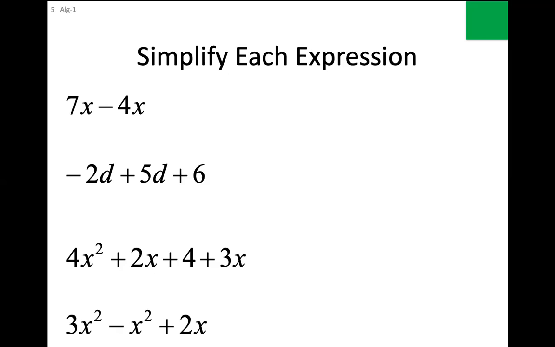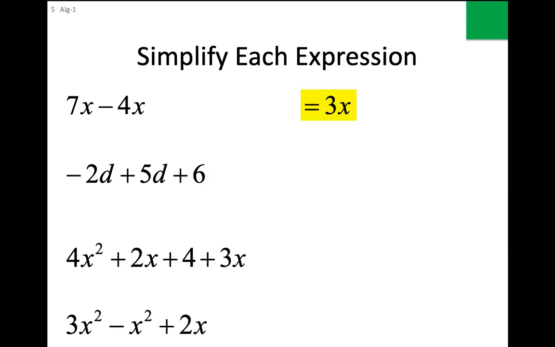Okay, so the rule is this: x is to what power? Does it have any other x's to the first power? When that's true, you just simply take the coefficients and do what it says. What does it say to do? 7 minus 4 is 3. So you tack on an x, and you're done. So the answer is 3x.